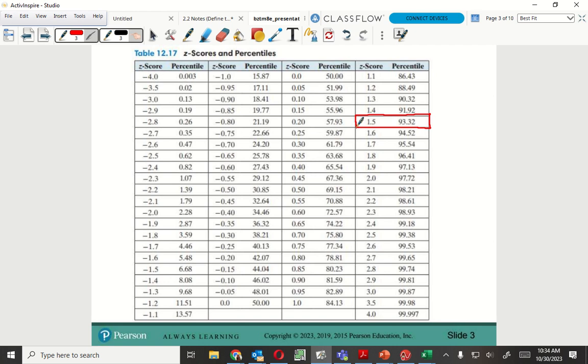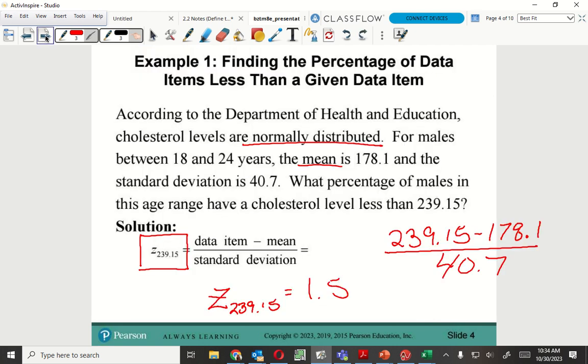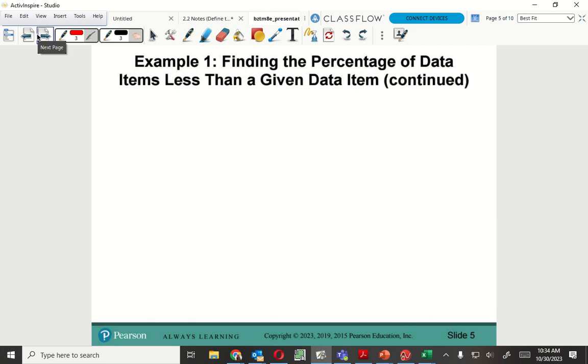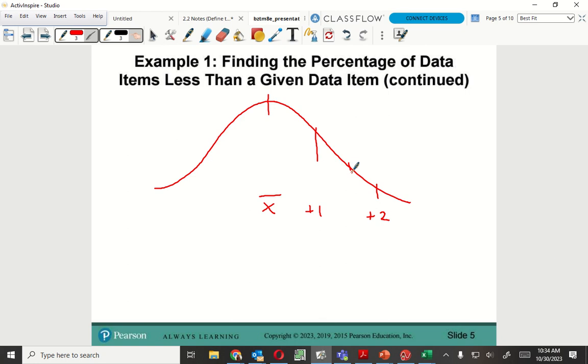Now, I can also use the normal bell curve to try and answer this. So if we were at 1.5, I would look at my bell curve. My bell curve is like this. My mean, my +1, +2, and right here we're actually at +1.5.